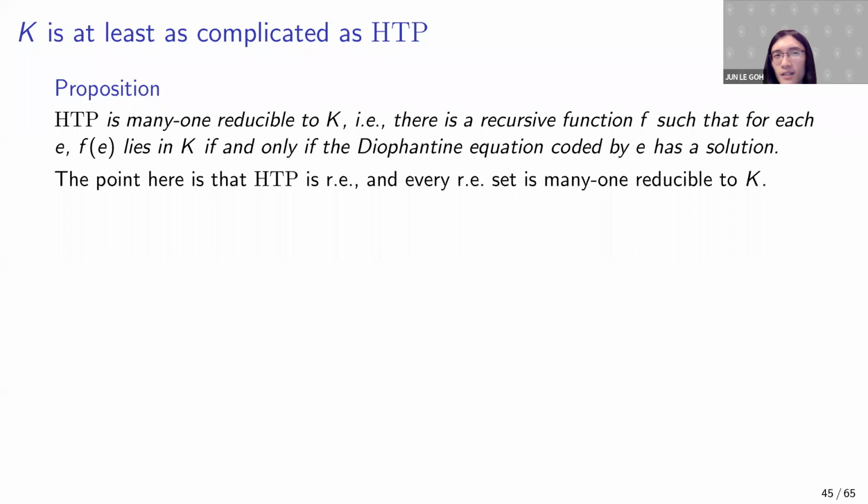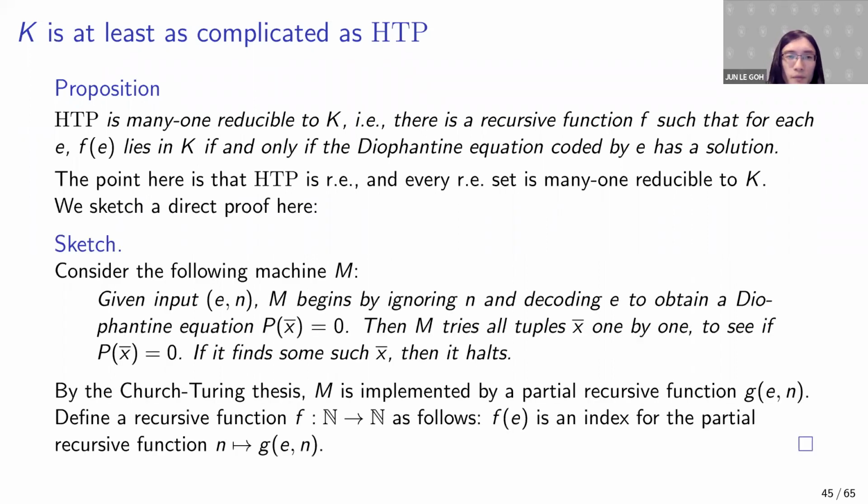It is the most complicated recursively enumerable set. But instead of relying on these results, which you may not be familiar with, let me just give a direct proof here. So what we can do is to consider the following machine.